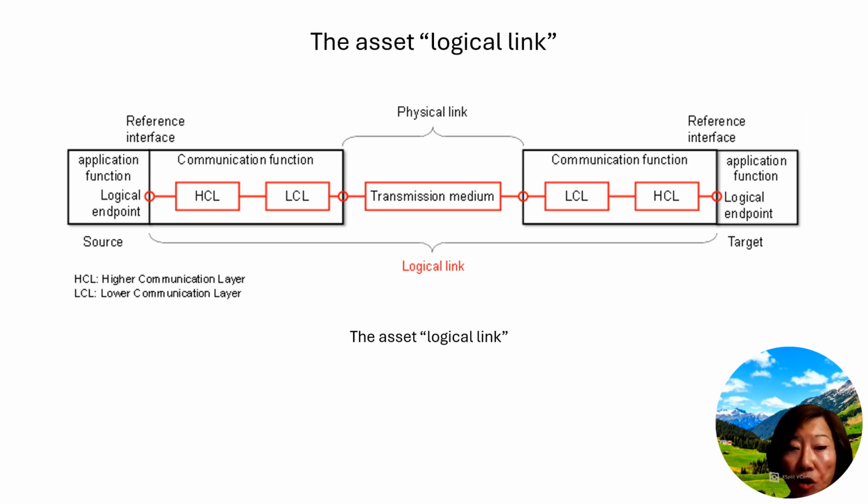The diagram underscores how these components work together to achieve reliable communication despite the potential for errors. Understanding these influences and their impacts on the logical link's dependability is critical for maintaining the integrity and performance of the automation application system.